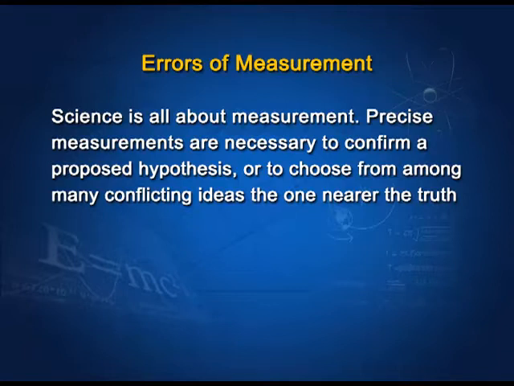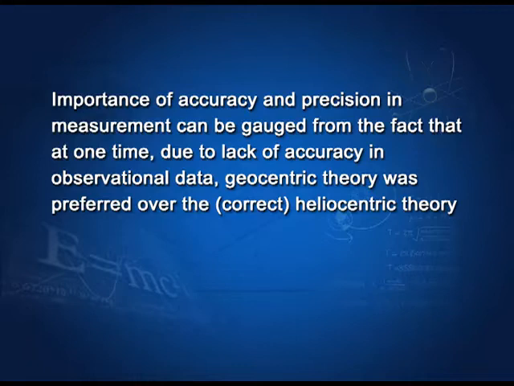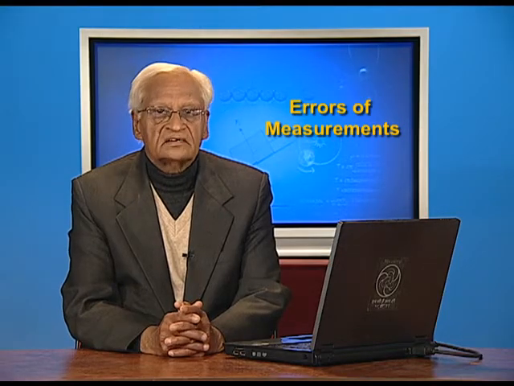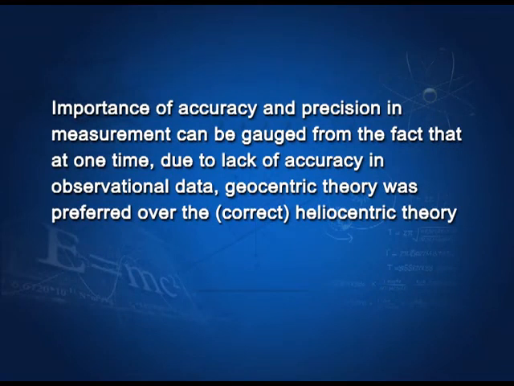is nearer the truth. Importance of accuracy and precision in measurement can be gauged from the fact that at one time, due to lack of accuracy in observational data, geocentric theory was preferred over the heliocentric theory, whereas heliocentric theory was the correct one.